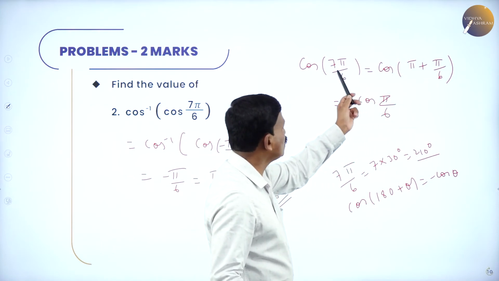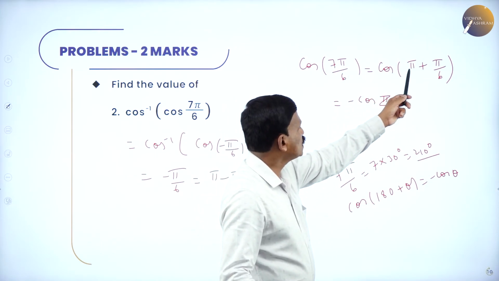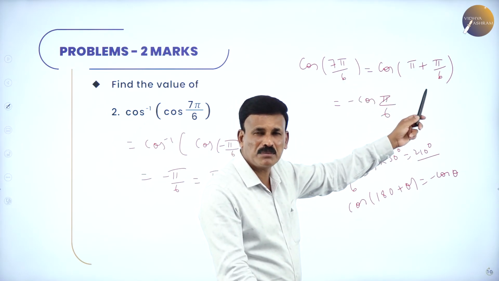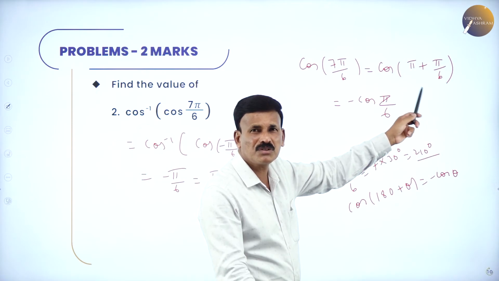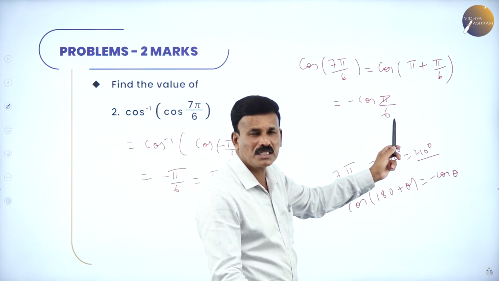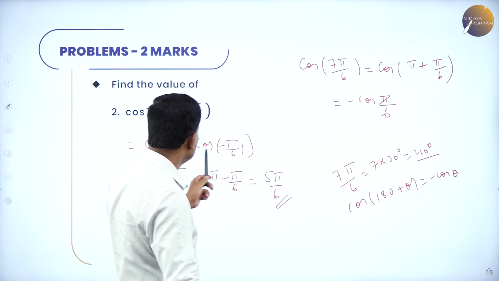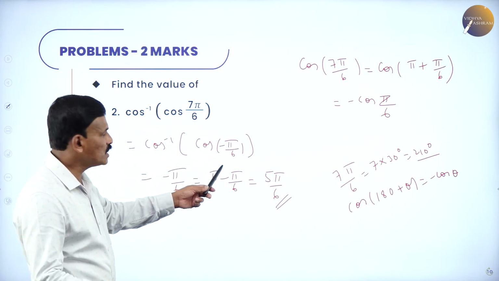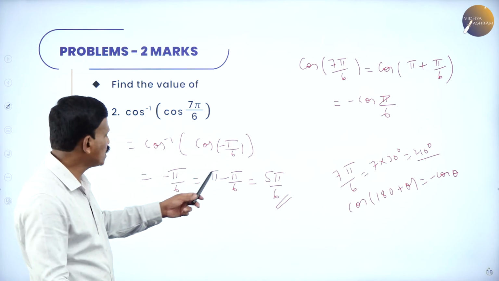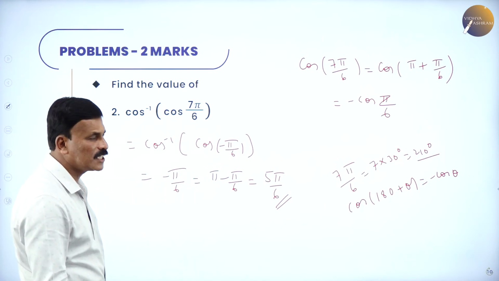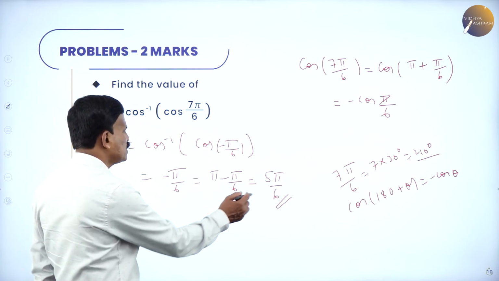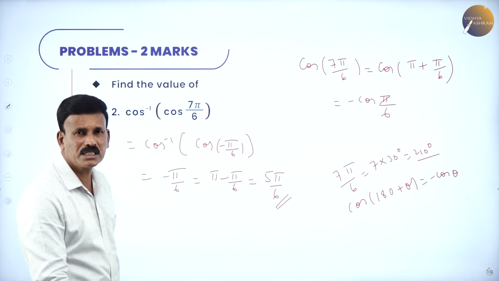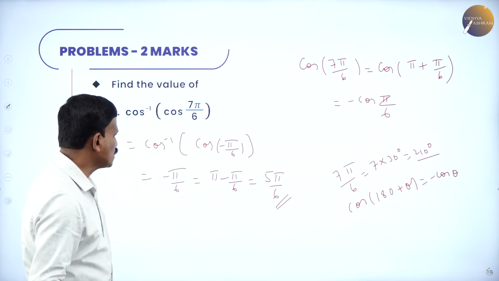If you simplify, 6 pi plus pi is 7 pi by 6, so 7 pi by 6 can be written as pi plus pi by 6. Now applying the formula cos of 180 plus theta is minus cos theta, we get minus cos pi by 6. Substitute here in cos inverse, this is equal to minus pi by 6. Since it is negative, this can be written as pi minus pi by 6. 6 pi minus pi is 5 pi by 6, the simplified answer.